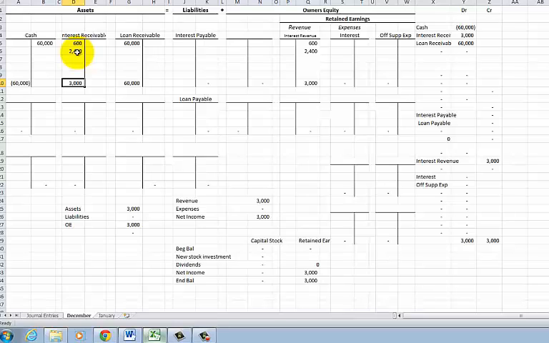If you have employees, you're going to have wages payable because they are going to have worked since the last time you paid them. And so that expense needs to be recorded and that liability needs to be recorded. So there's almost always some accrued expenses and accrued revenues, usually more accrued expenses, that we need to make sure we record at the end of the accounting period.